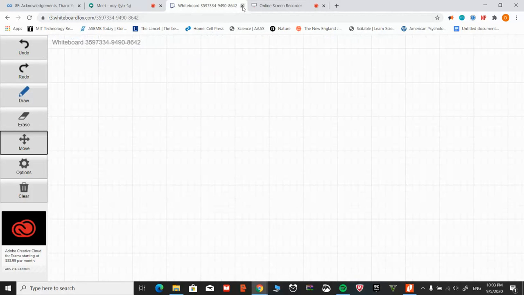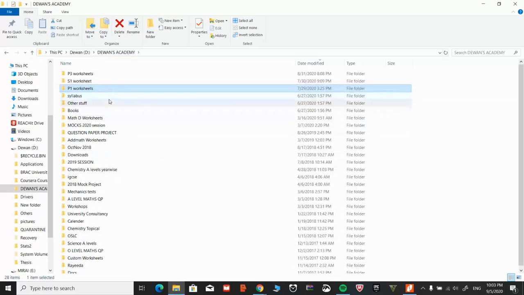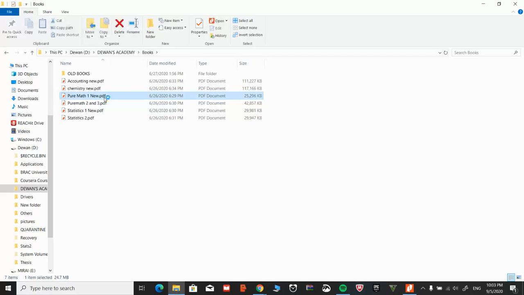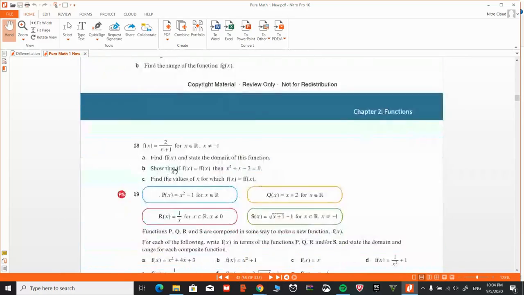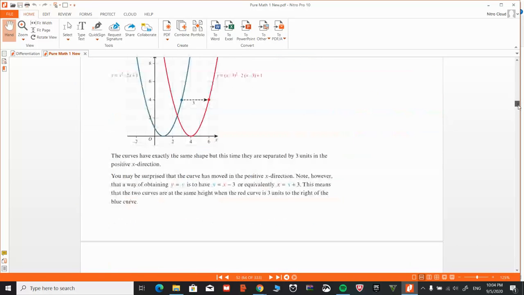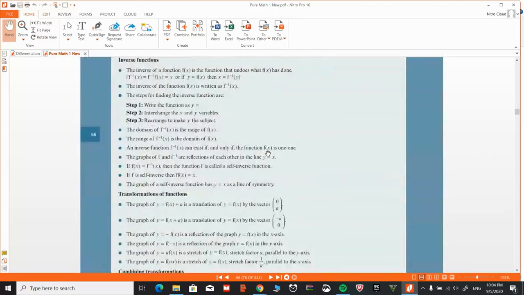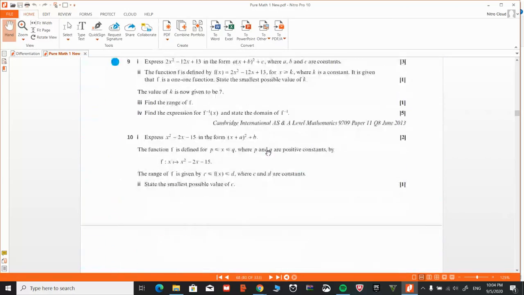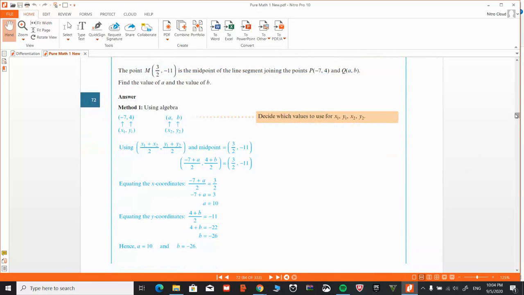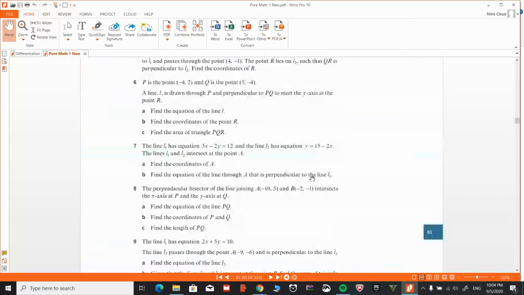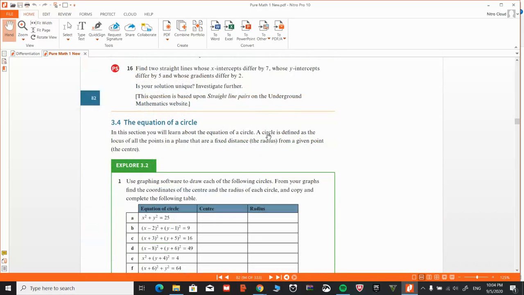Okay, I don't need this, I just need to look at the book. So it's in the book. Okay Sara, you can take a screenshot or copy it in your notebook, but this is where it starts.